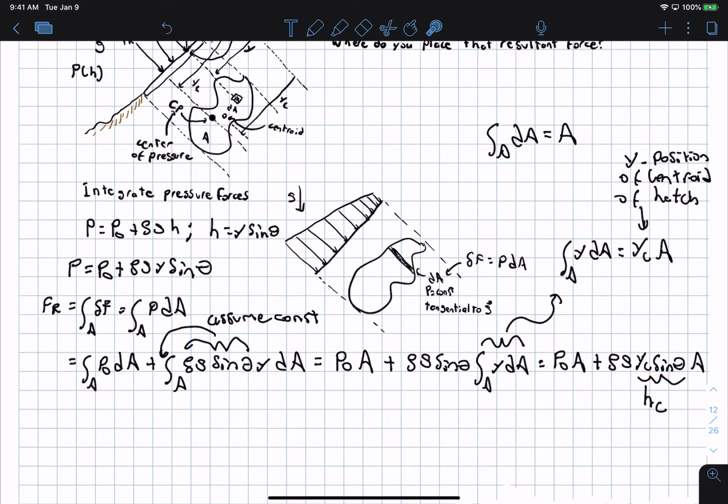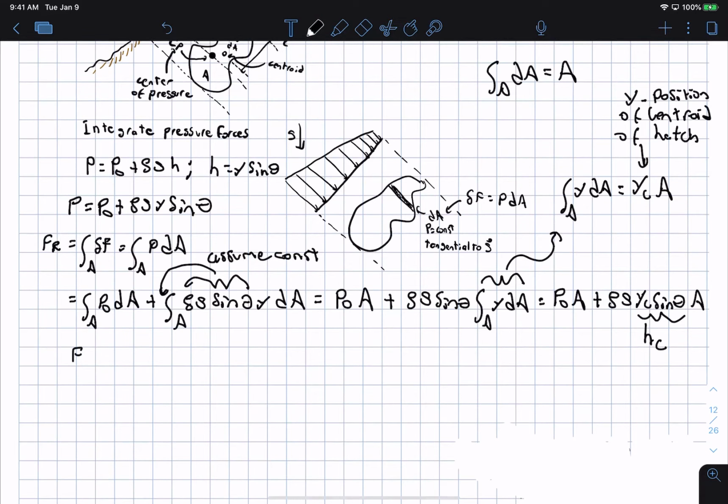So that's the resultant force. So I'm gonna collect the A, and we can find that the resultant force is equal to P naught times area plus rho g times the depth at the centroid of the object times the area. And that equals P naught plus rho g hc times the area.